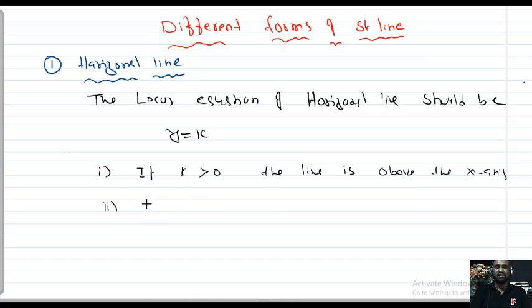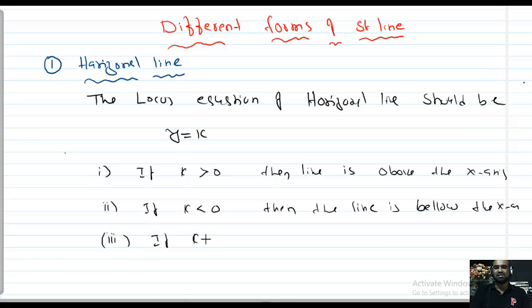Number 2, if k is less than 0, then the line is below the x axis. Third one, important one: if k equal to 0, what happened? k equal to 0, the line coincides with the x axis.